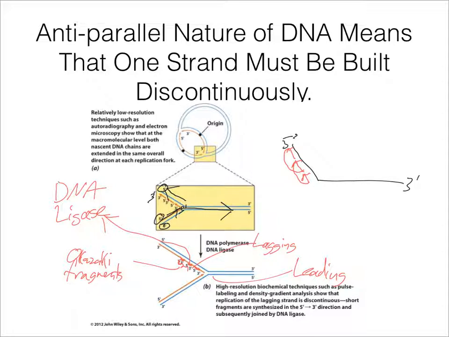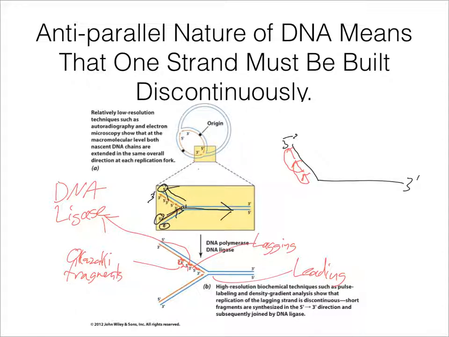Now note up here, right? So this is our replication bubble, and we've got two forks. Let's take a look at what the lagging and leading strand is. So here, remember, we always build on to the 3' end.